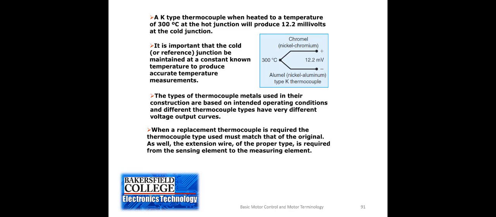A type K configuration at 300 degrees Celsius, which is well over 400 degrees Fahrenheit, will produce a very small amount of voltage, 12.2 millivolts, or 12.2 thousandths of a volt. So there needs to be some type of amplifier that will take that very tiny amount of voltage and make it into a measurable amount that the sensor will understand.